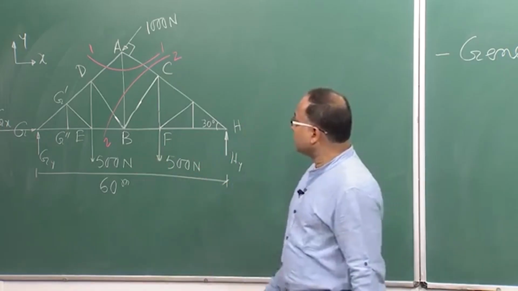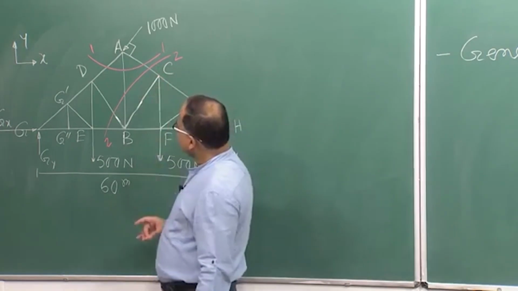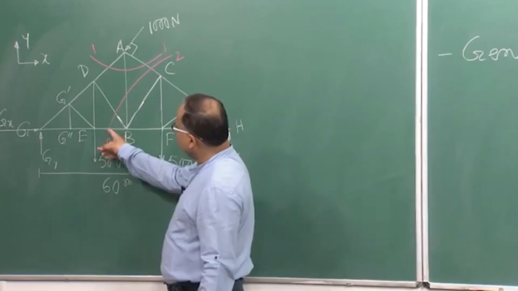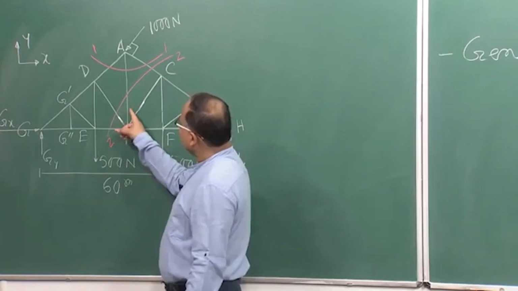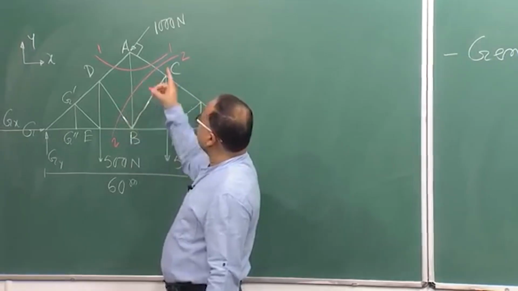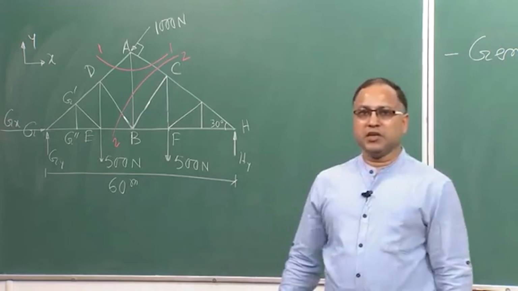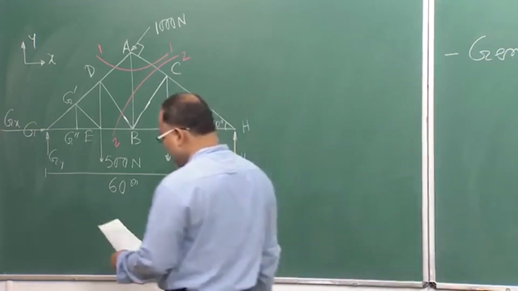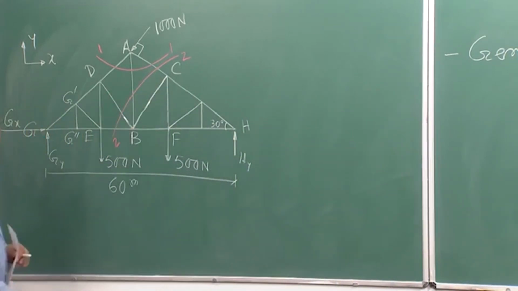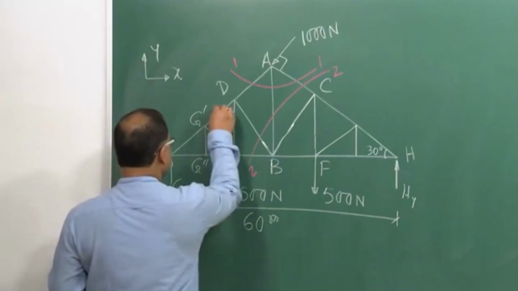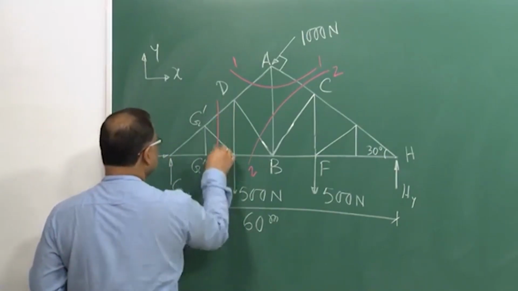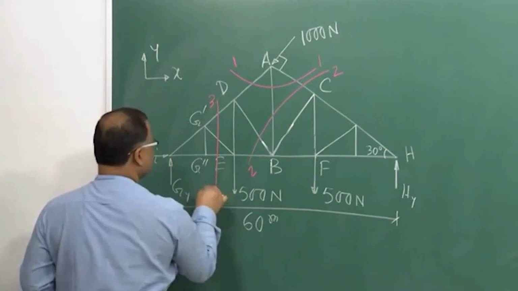Section 2-2 cuts 4 members: member BE, member BD, member AB and member AC. Similarly, one more section I am considering, section 3-3, which is nothing but a straight line.